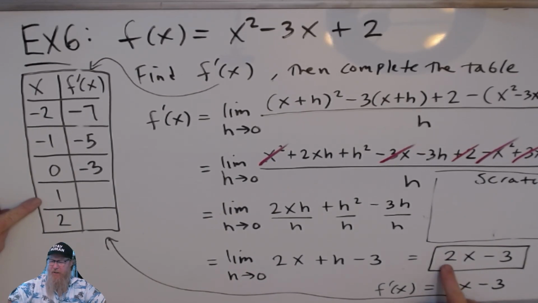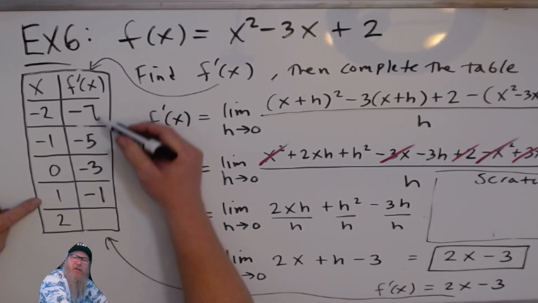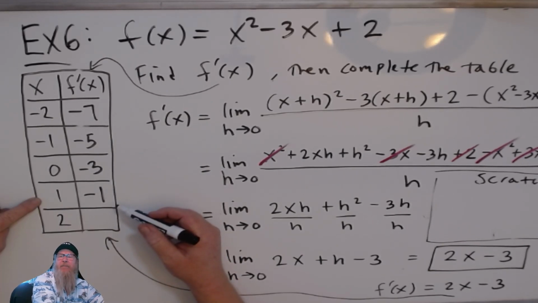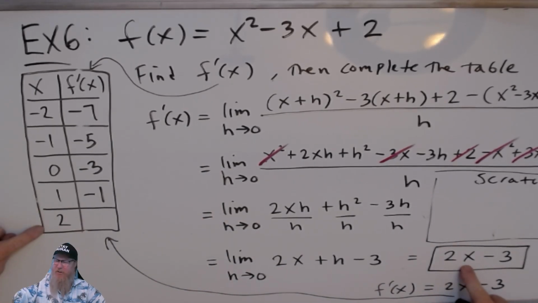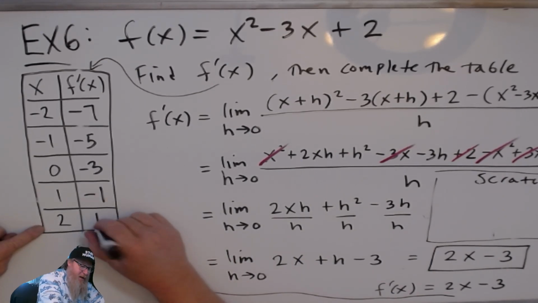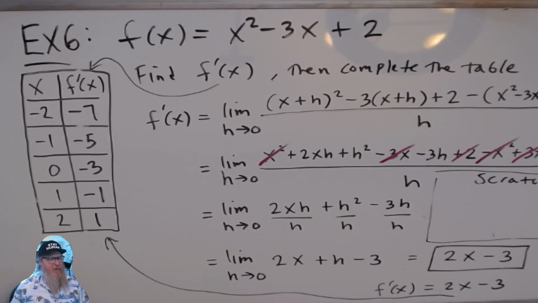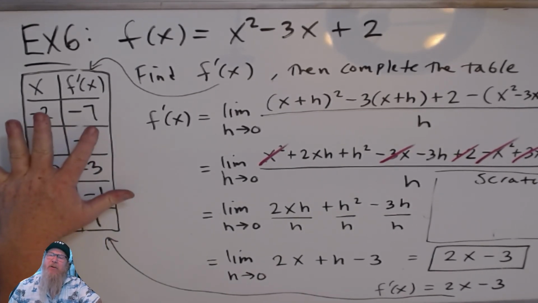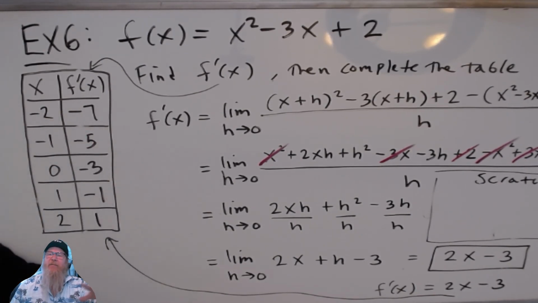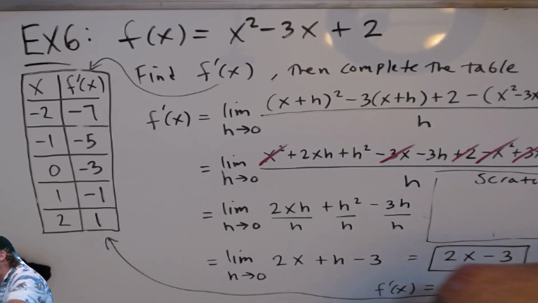Or how about 1? 2 times 1 minus 3. That's going to be negative 1. You'll start to notice a distinct pattern here. And then 2 times 2 minus 3 is going to be positive 1. So the table is a derivative table. Right? It's a table of the derivative.